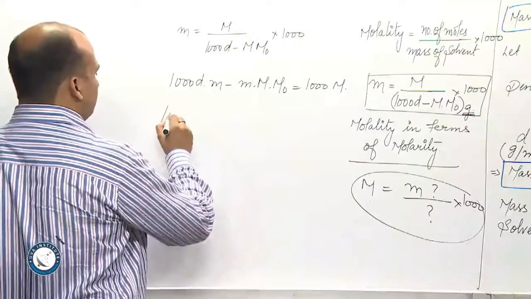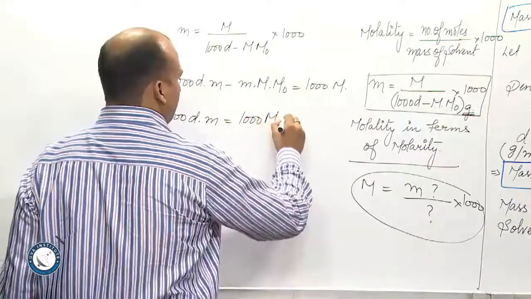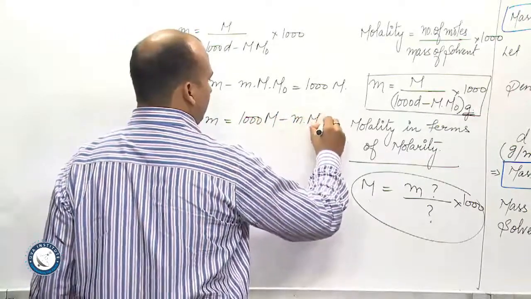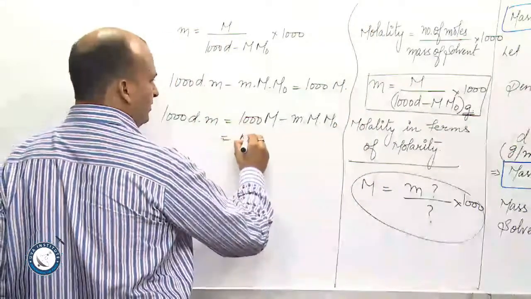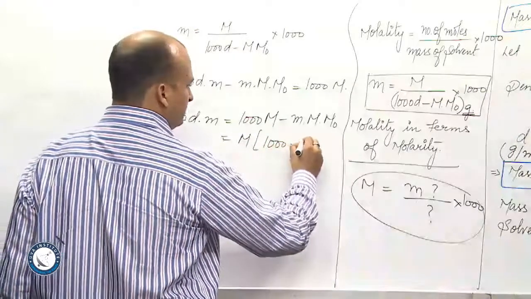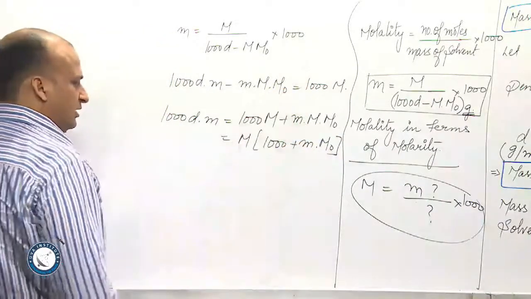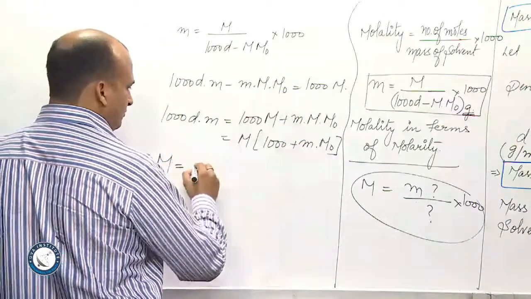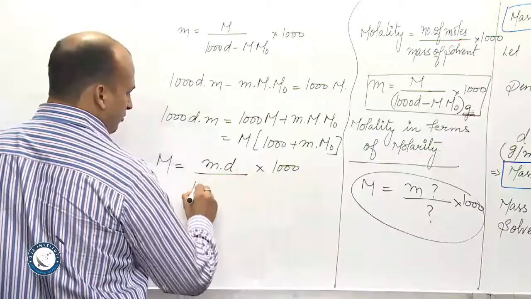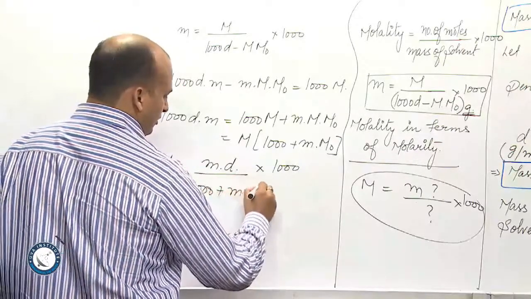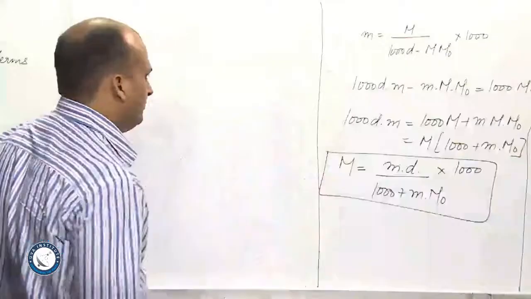So I can write this as 1000 D into m is equal to 1000 m minus small m into capital M into M naught. From here I take the molarity out, so it will be 1000 plus m into M naught. Sorry, this should be plus. So molarity is equal to m into D into 1000 upon 1000 plus m into M naught. This is the relation.